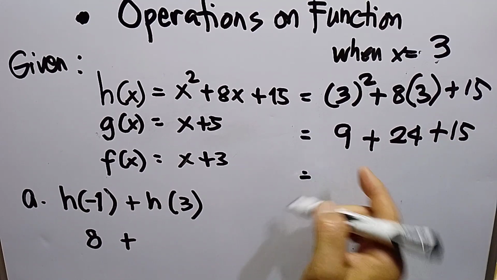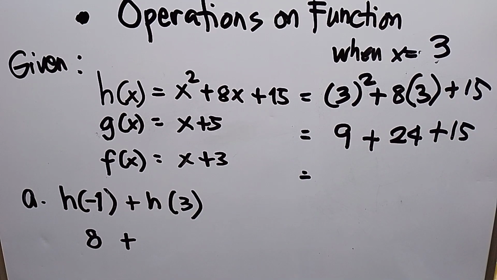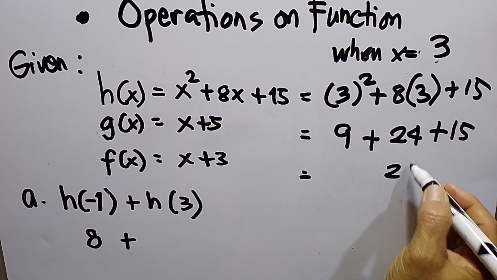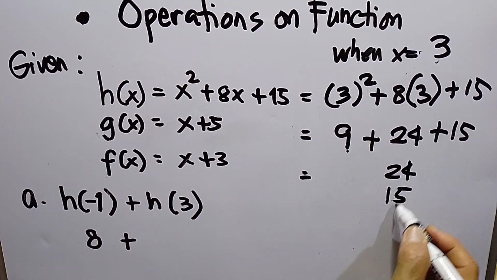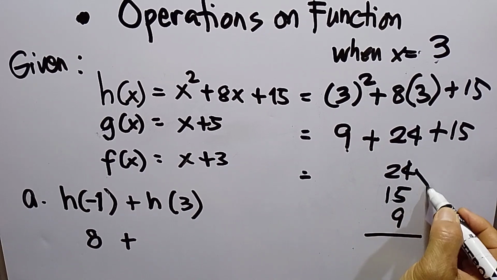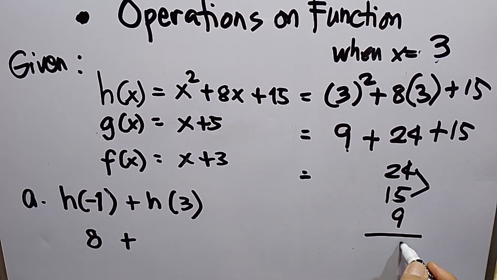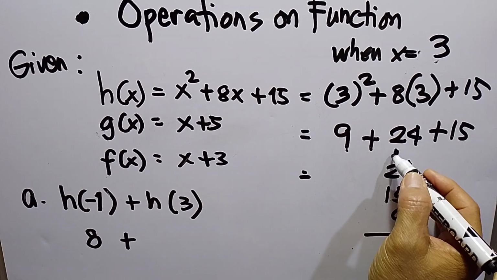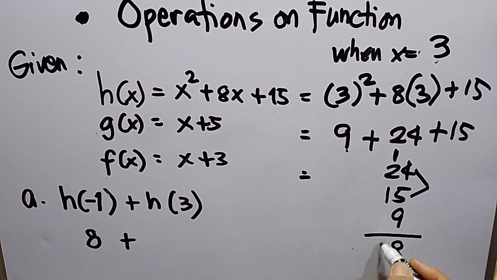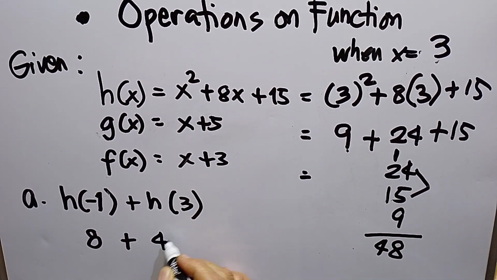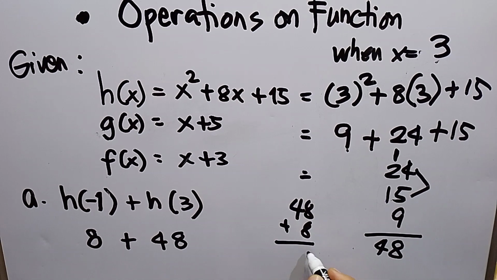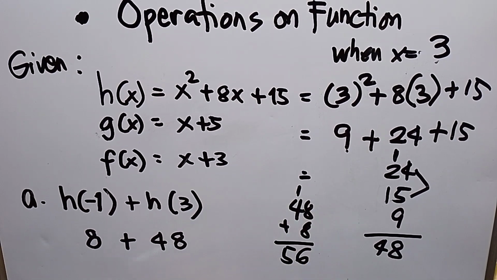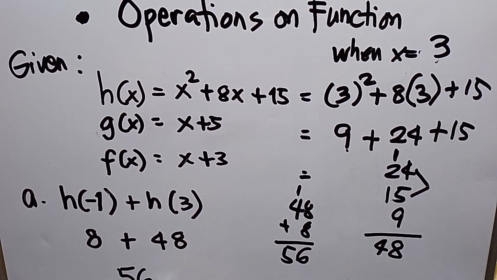Take note, the numbers are all positive, so I need to sum up these numbers. 24, 9 plus 15: 9 plus 9 is 18, carry 1. So 1, 3, 4. So I've got 48. Therefore, the answer is 48 plus 8. This will be 16, carry 1, 5, 6. So the answer for letter A is 56.